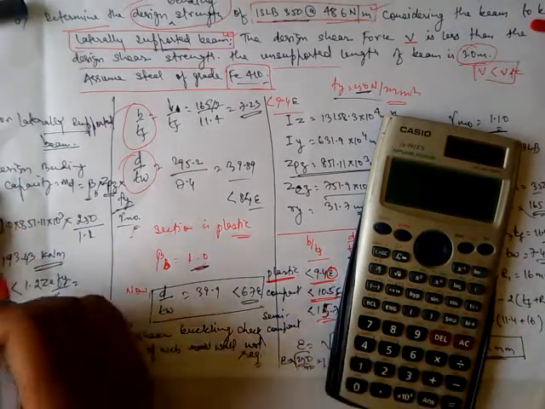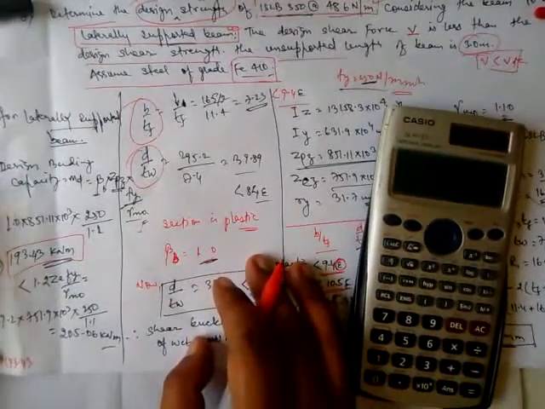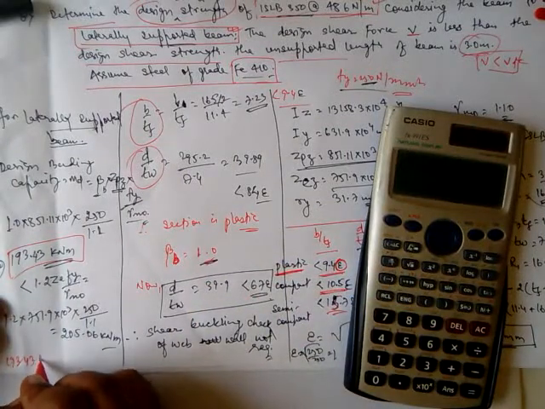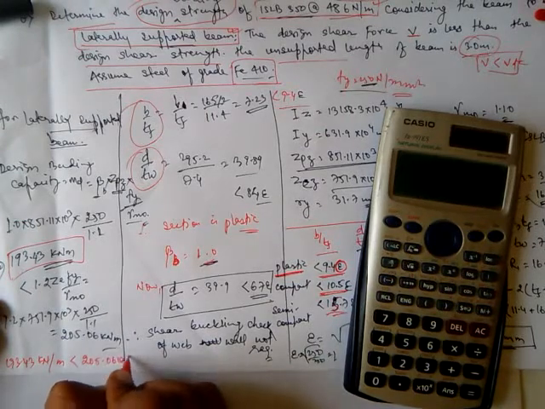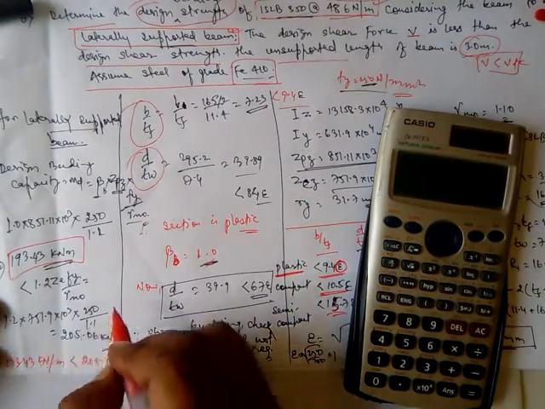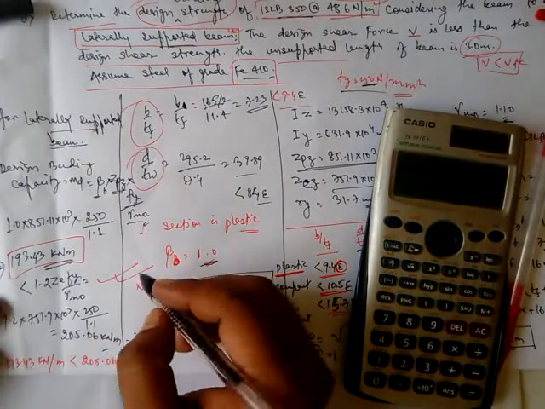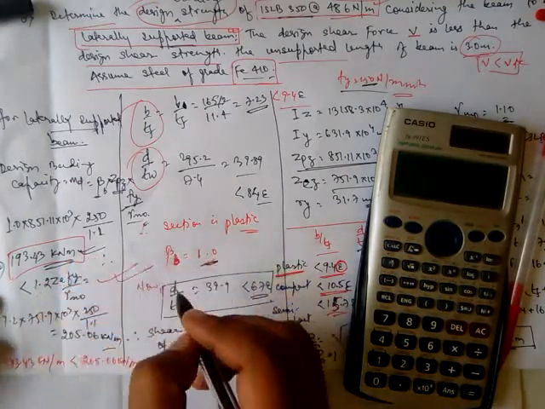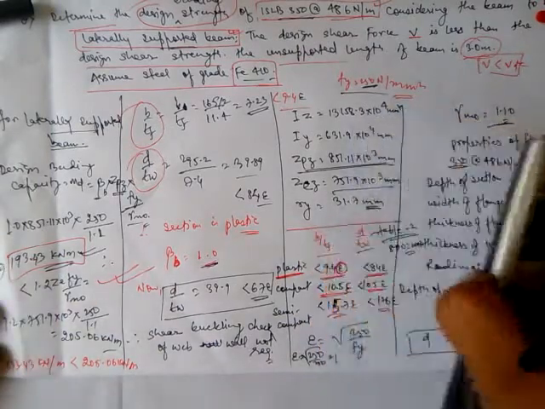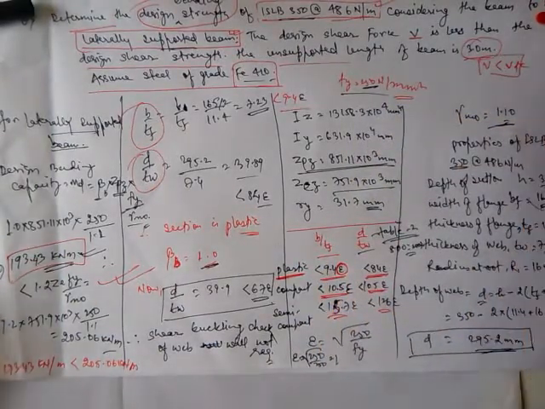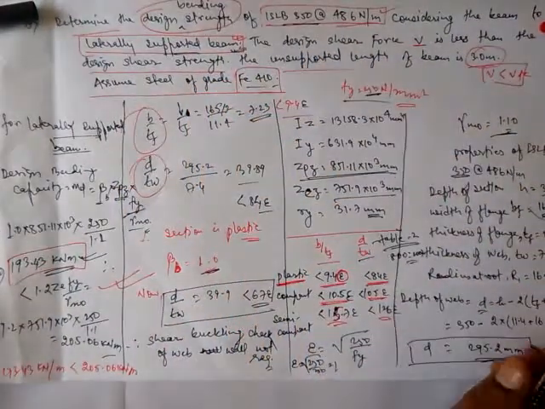So here 193.43 kilonewton meter is less than 205.06 kilonewton meter. So this design is okay. Therefore bending strength is 193.43 kilonewton meter. So that's how we have to solve the problem related to laterally supported beam.